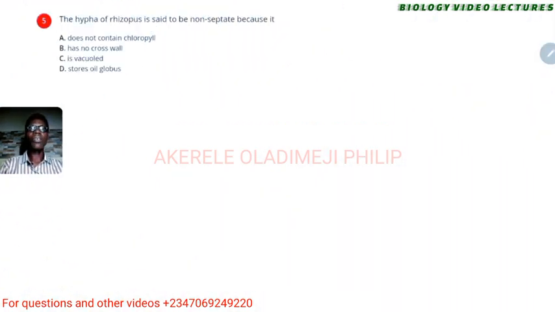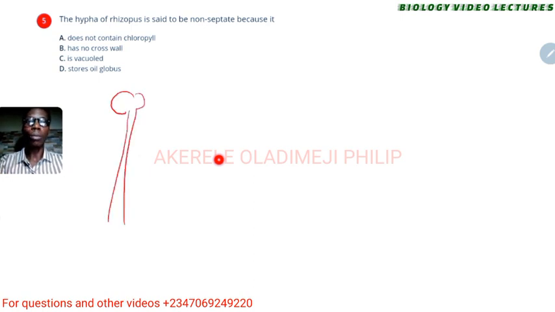Now, the hypha of Rhizopus is said to be non-septate because it... There's something you need to remember: fungi have thread-like structures that look somewhat like what I'm going to draw now, which I think I have diagrams to show you much later or also in a moment.